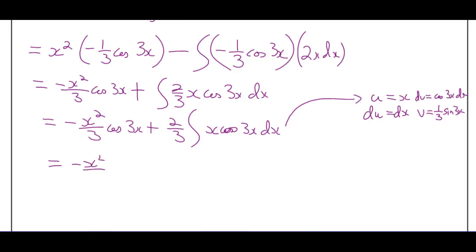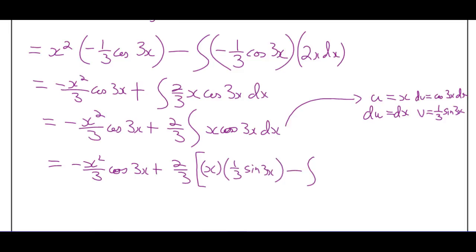All right, so we've got negative x squared over 3 cos 3x plus 2/3 times, and again, this was a product, so we're doing integration by parts, formula sheet: u times v, so x times 1/3 sine 3x, minus the integral of v du, so 1/3 sine 3x dx.